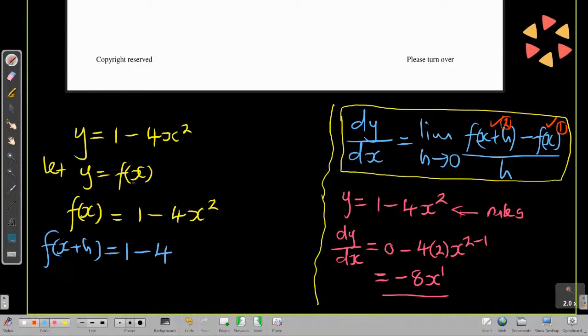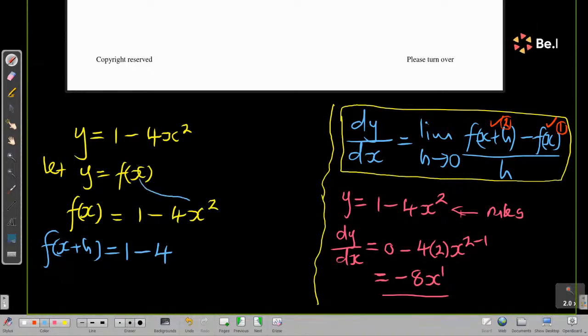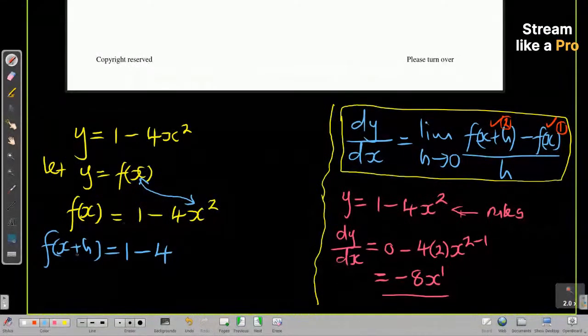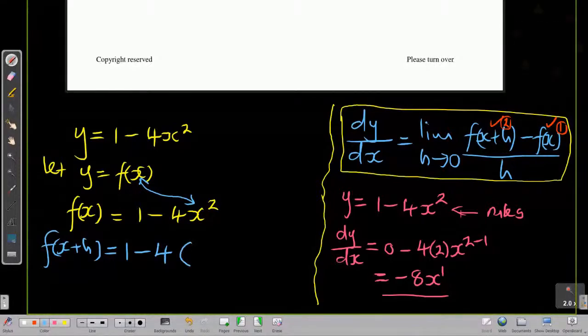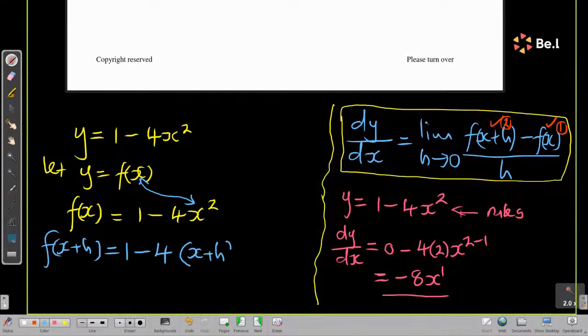Now wherever there was an x, it's now x plus h. So you put a bracket as is, where there is x you now have x plus h, and you close the bracket with a squared. So you see how it has changed.